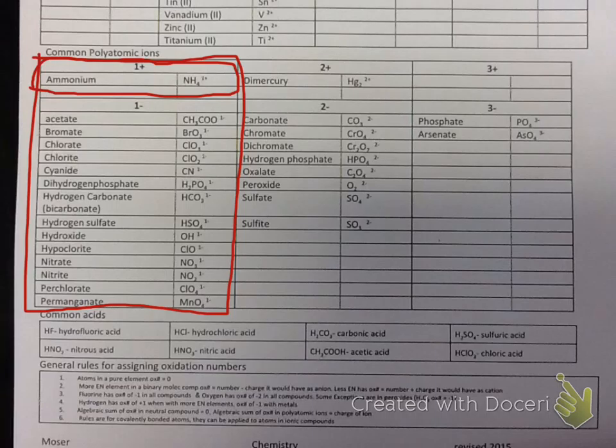It's ammonium. There are others, but in terms of ones that we commonly use, that's the only one. Everything down here, every single one of them has oxygen. Every single one of them has a -1 charge. Those are oxyanions. They have oxygen. They have a negative charge. They're oxyanions. And those are your -1s.